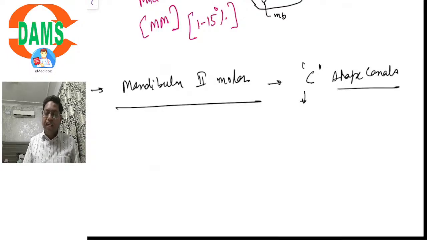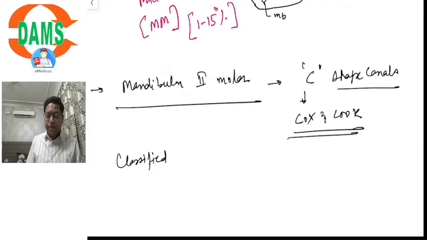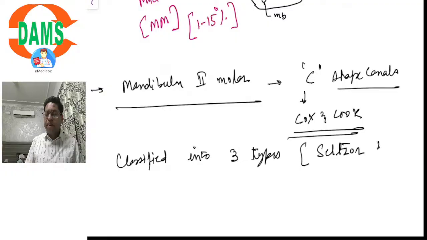This was initially identified by Cox and Cook, and they are classified into three types. This classification was given by Selzer and Melton.